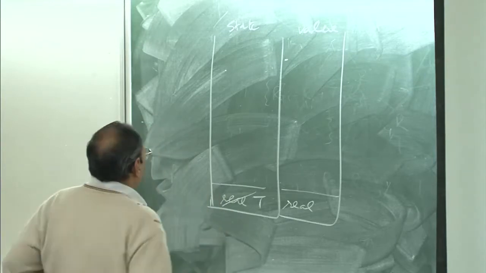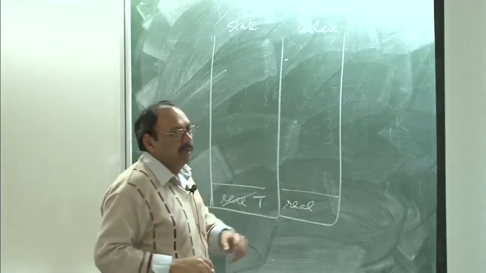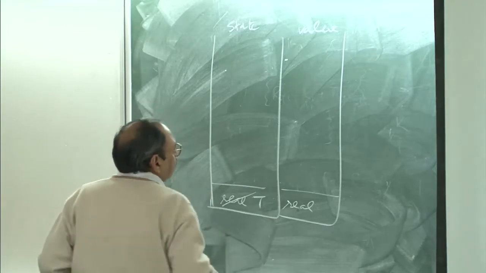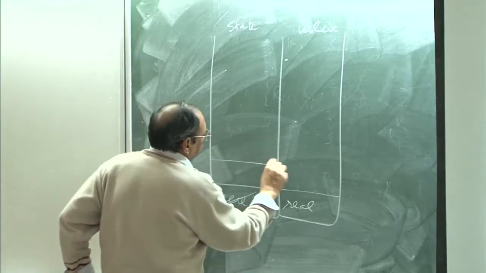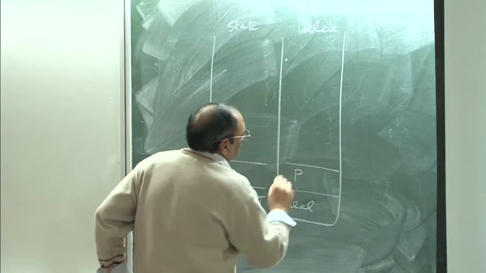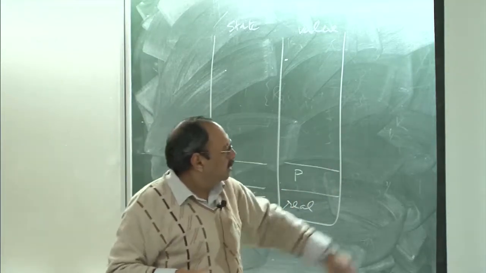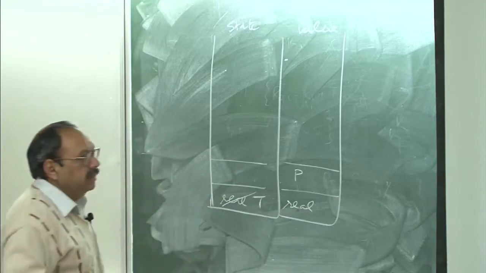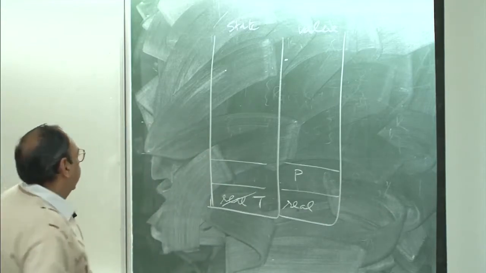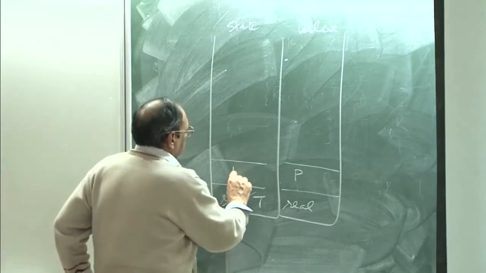So, T type is nothing but real, and that value is available here. Then I will push P on the stack. Look at the grammar here: P is nothing but an ID, and therefore this is nothing but an L.